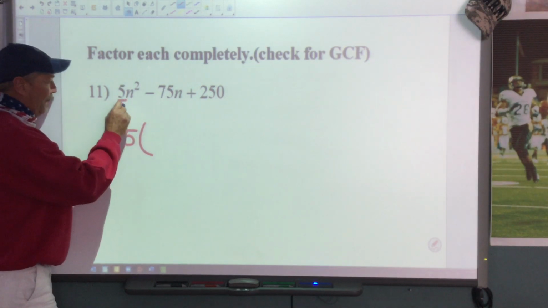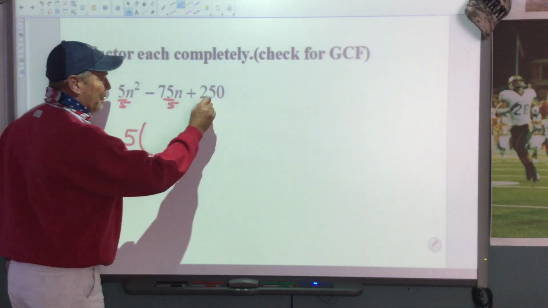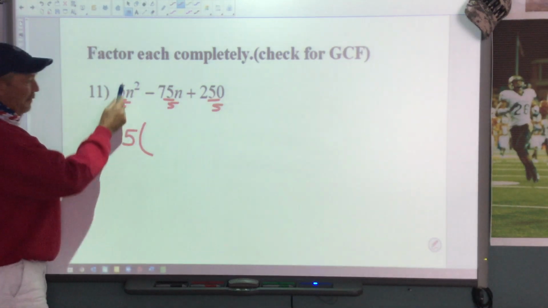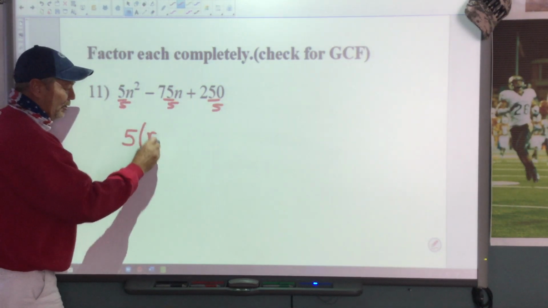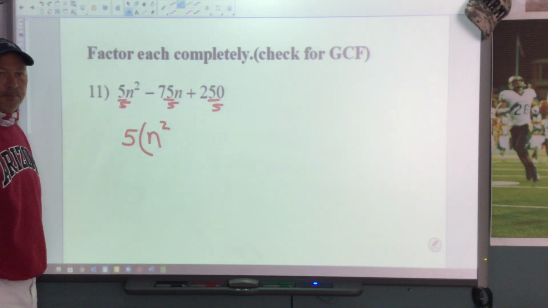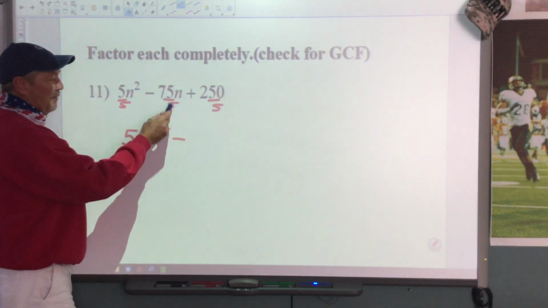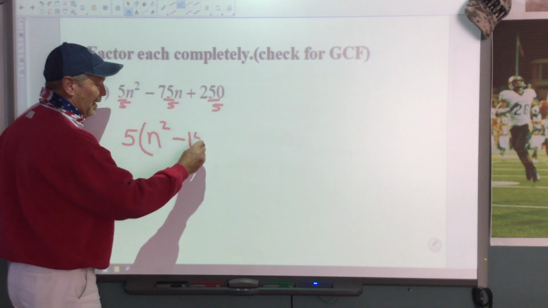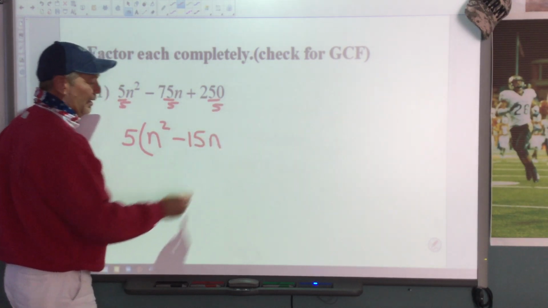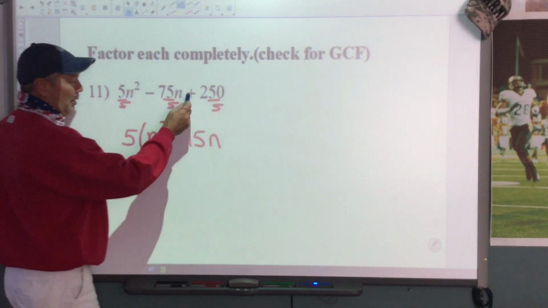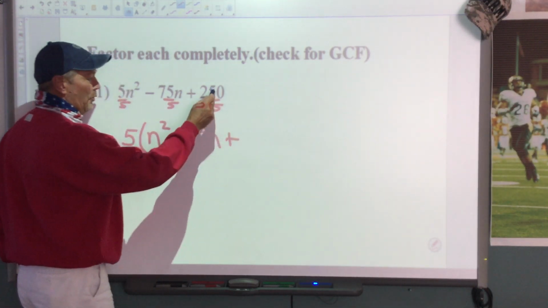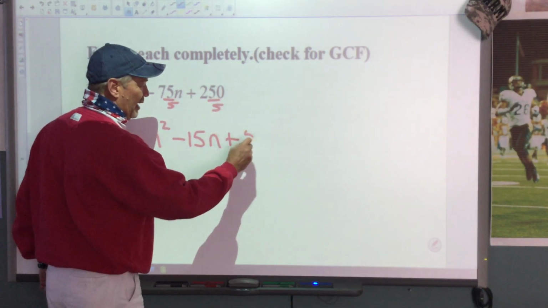So we're going to divide by 5, divide by 5, divide by 5. My 5's will cancel, and that'll turn into n squared. I get a minus sign. 75 divided by 5 is going to give me 15n. Plus sign. 250 divided by 5 is a 50.